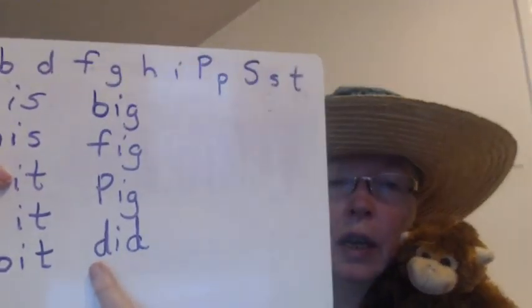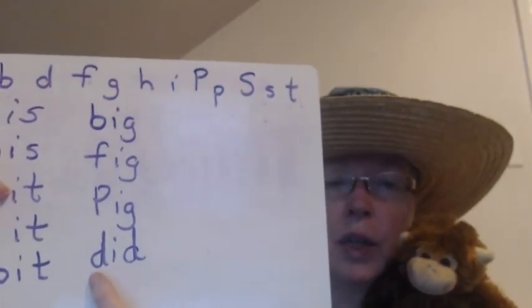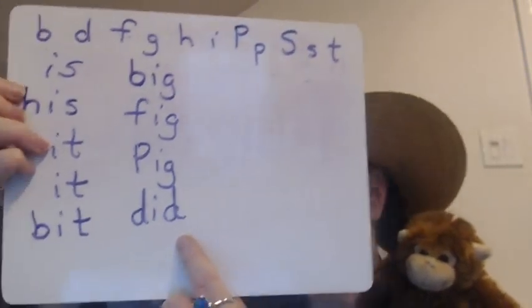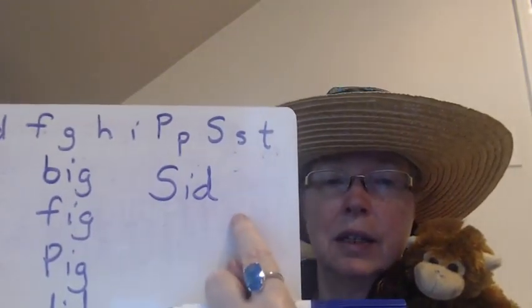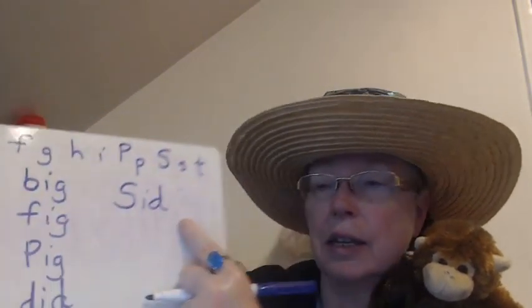And then let's put in front of id another D. So now we have the word did. Did. Replace that beginning D with an uppercase S, and we have the name Sid. Sid.